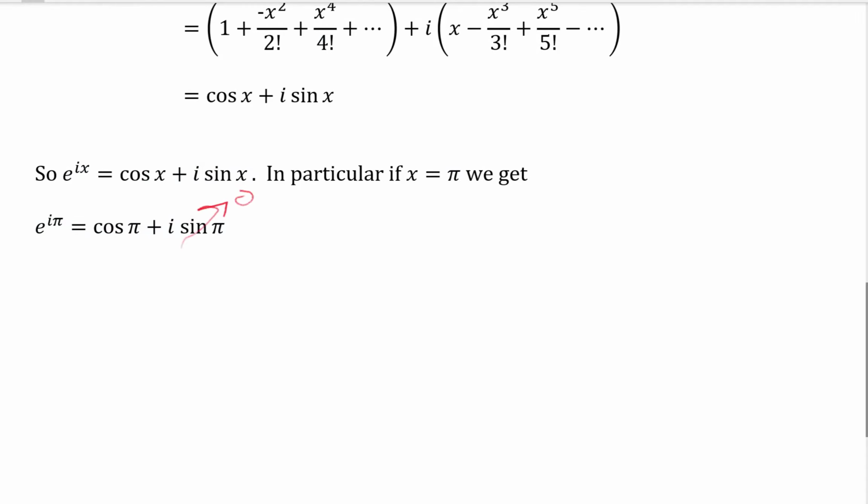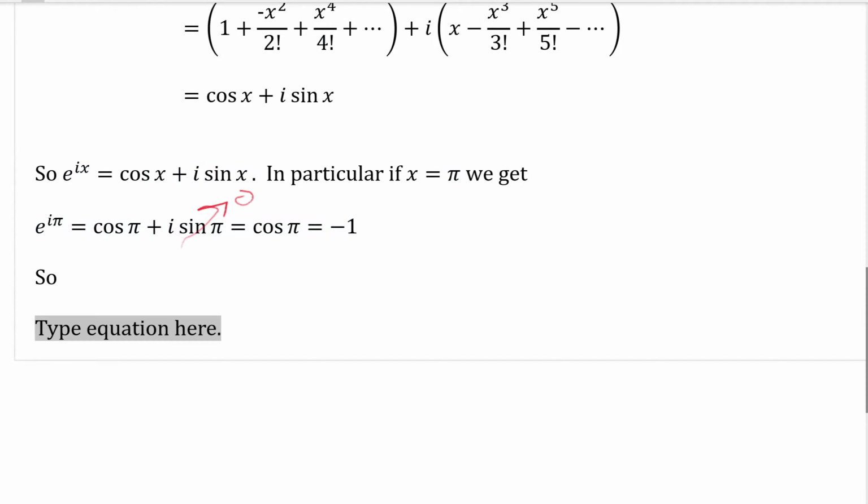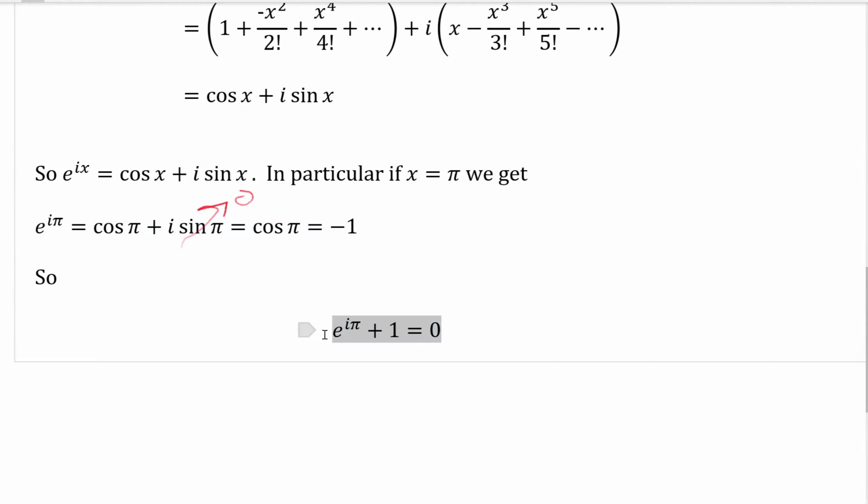So i sine pi is also 0. So we just get cos of pi. And you may recall that cos of pi is -1. So moving the -1 to the other side of the equation, we find that e to the i times pi plus 1 equals 0. Woohoo! The great result that was promised.